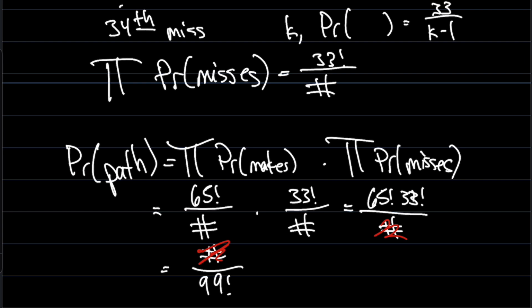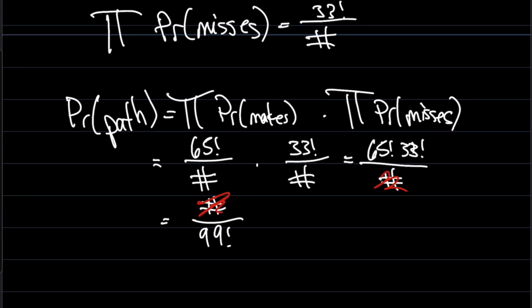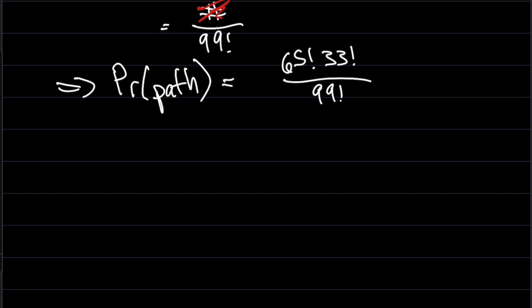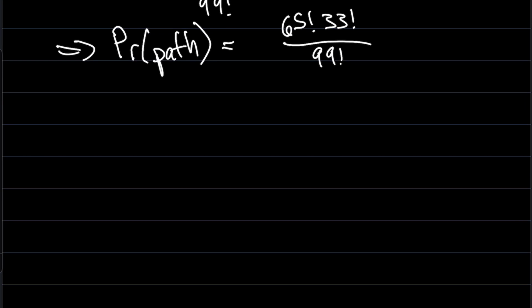Those are 99 factorial and 65 factorial times 33 factorial. So we can then conclude that the probability of a given path, regardless of where we put the makes and misses, we didn't actually specify, we just said at some index, is going to be 65 factorial times 33 factorial, all over 99 factorial. So now we've got something very good. We've got the probability of a given path.